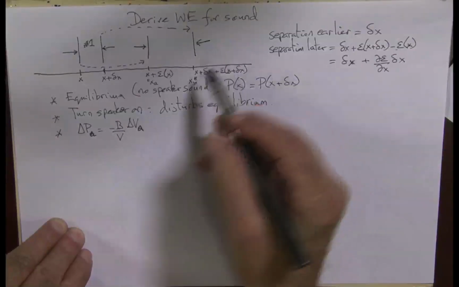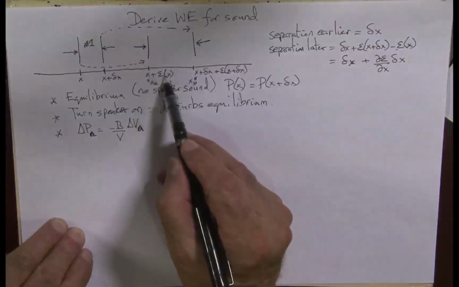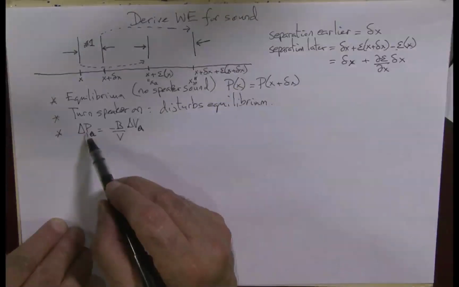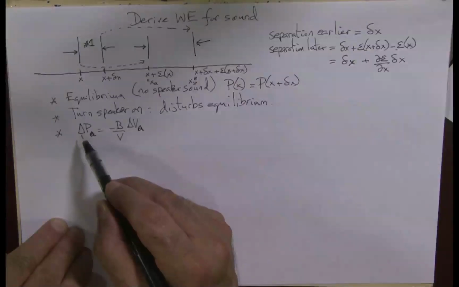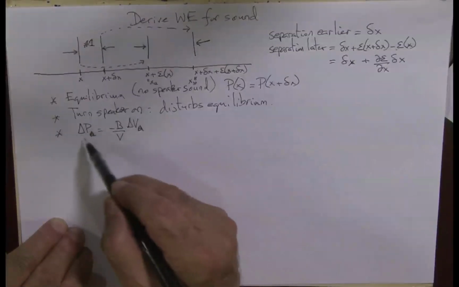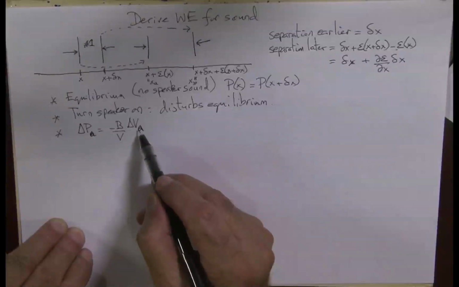That's so that I don't have to write XA is equal to x plus epsilon and XB is equal to all of this. So the extra pressure, the fluctuation pressure, which comes from changing the volume a little bit.